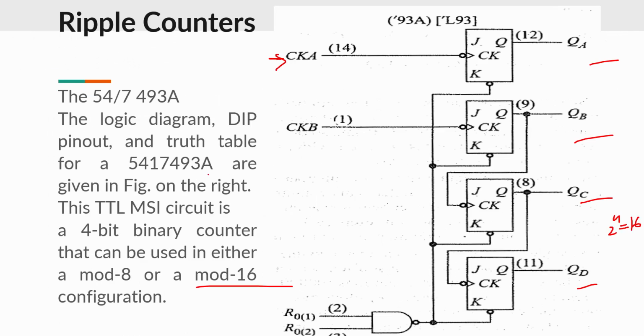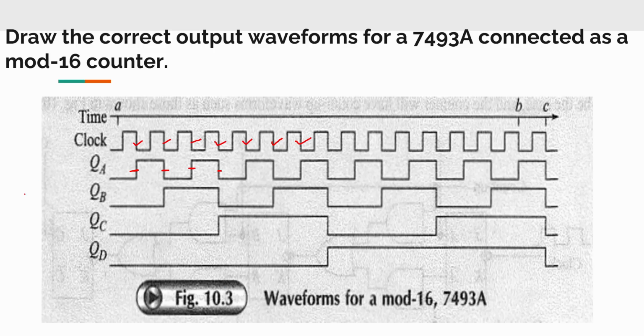And this will trigger your B flip-flop. Negative edge of your QA output will trigger your B. See, initially it is 0, and during the negative edge it will toggle. Again it toggles, toggles and toggles, and so on.